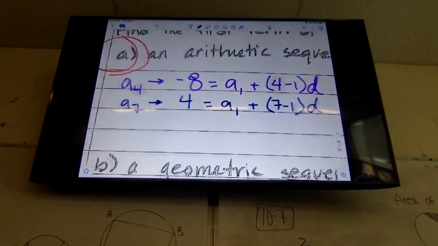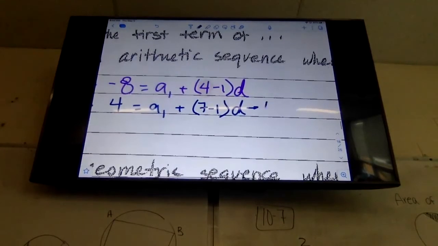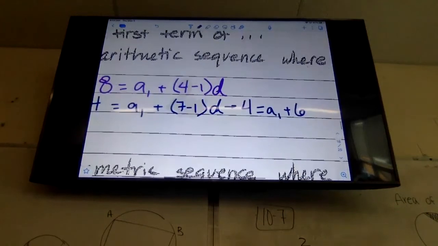Okay. We're going to find these, and we're actually just going to do a nice little elimination, kind of like we were doing with our Venn diagrams, but let's simplify this before we do it. So I'll do the bottom one since I'm still using blue. I've got 4 equals a sub 1 plus, and what's 7 minus 1? You can do that. 6, so we'll do plus 6d. Having it written like that, 4 equals a sub 1 plus 6d, feels a lot more manageable, right?